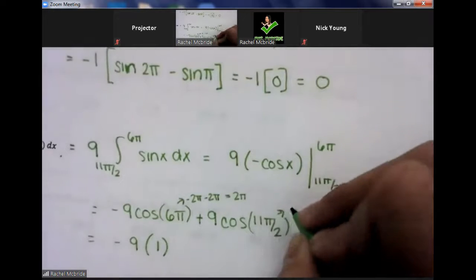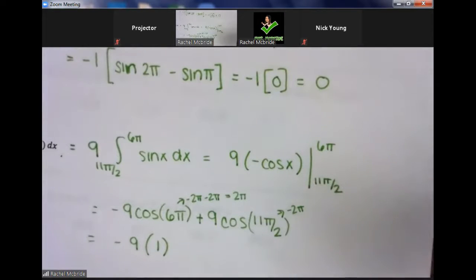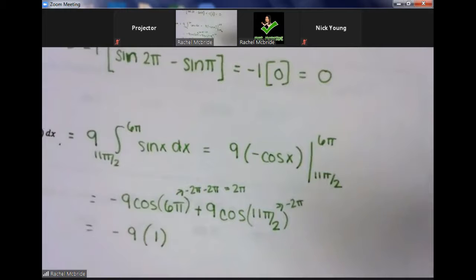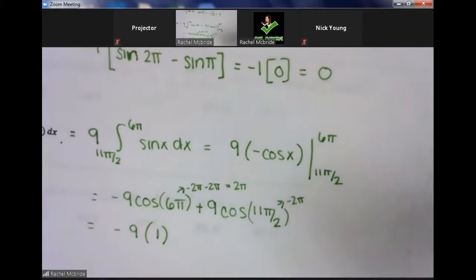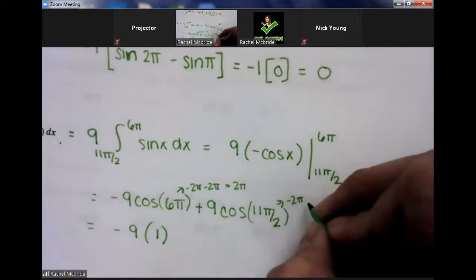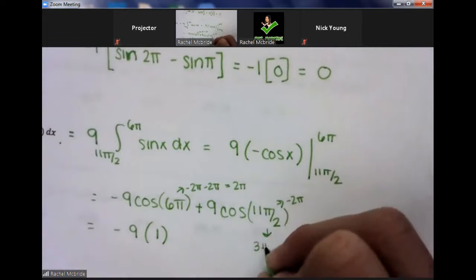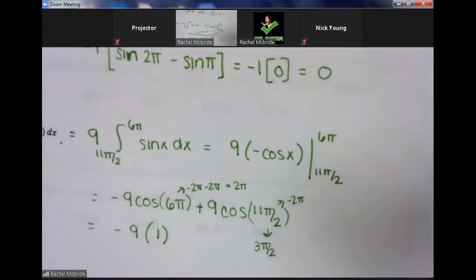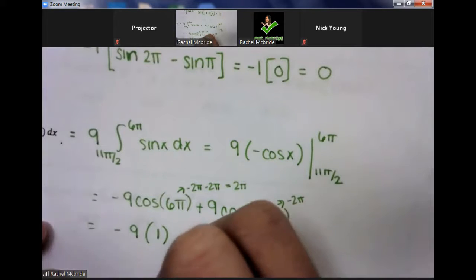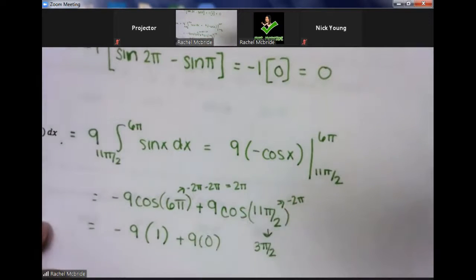And 11 pi over 2, well, you could subtract 2 pi from that, which is really like subtracting 4 pi over 2 to keep the units matching. So you'd have to do that twice, so that's like subtracting 8. So this is really the equivalent of 3 pi halves. And the cosine of 3 pi halves is 0. So you get plus 9 times 0, or negative 9.